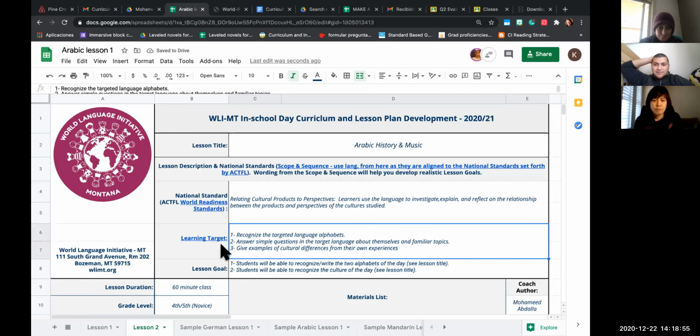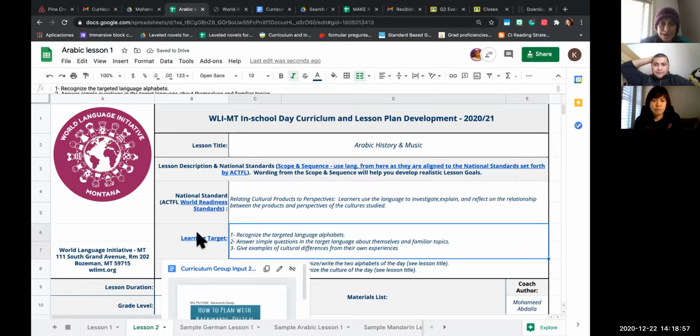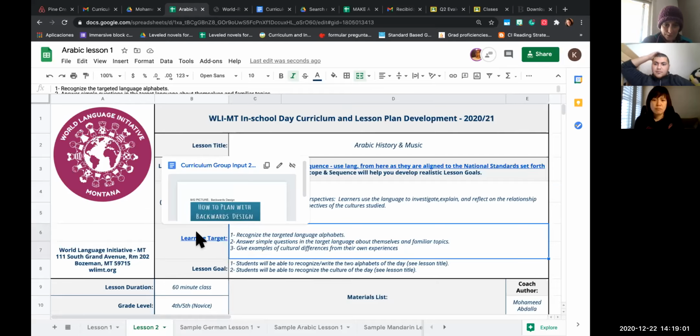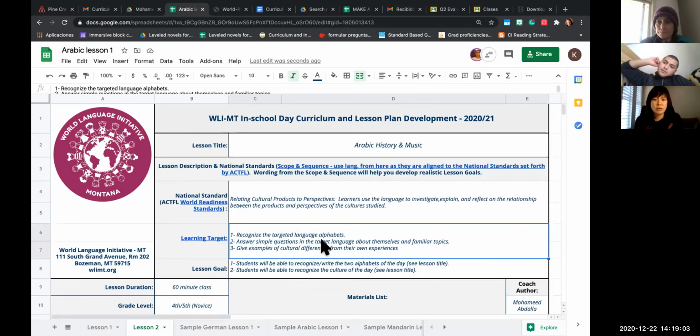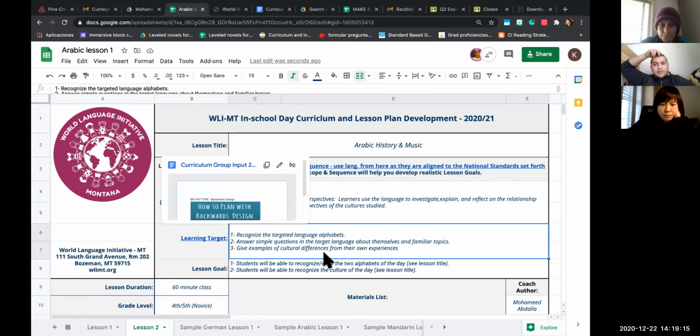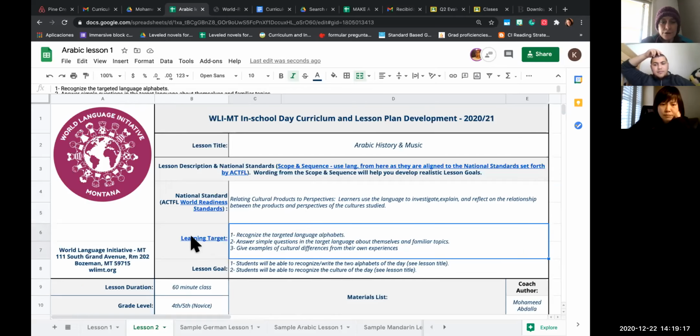Perfect. So then the learning targets would be, do you want to keep one of these or do you want to get a different one? It could be one or two, probably the most. Well, let's go with the second one. Answer some questions in the target language about familiar topics, I would say. Did you pull that from the learning targets here, right?